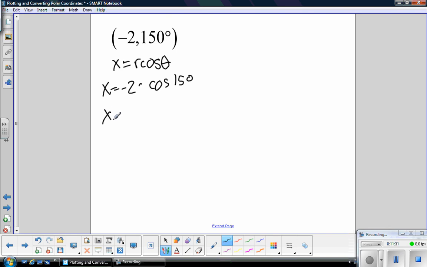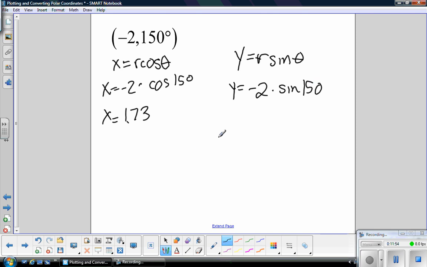So x is going to be equal to 1.73. y equals r sine theta. So y is equal to -2 times the sine of 150 degrees. So y is going to equal -1. So we now have our point 1.73, comma, -1.